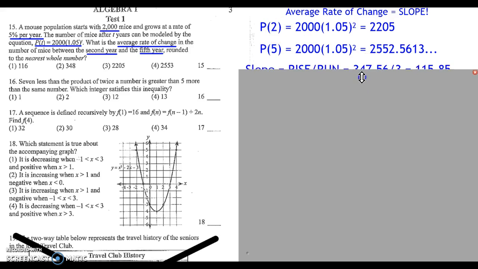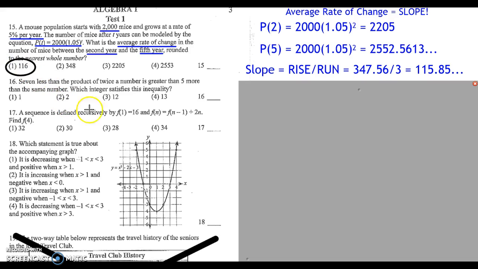So the change in y over the change in x is going to be about 347.56 divided by 3. That's this minus this on the top, and then this minus this on the bottom. We get 115.85, and it does ask us to round to the nearest whole number, so that would be 116.